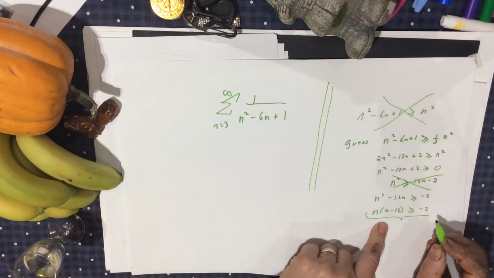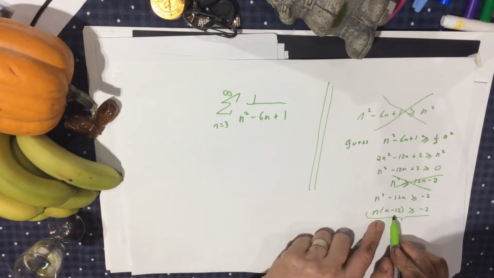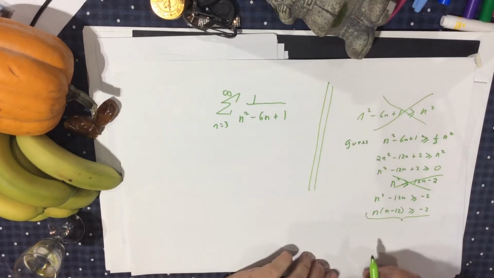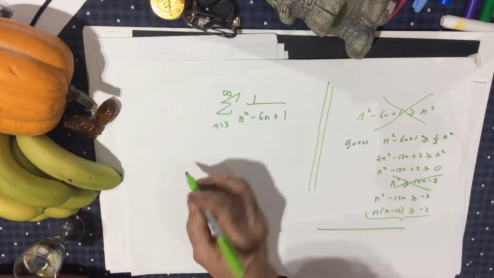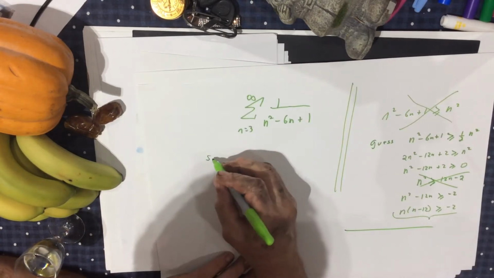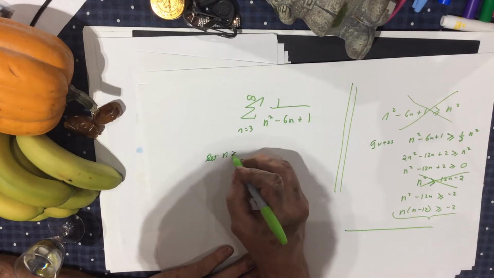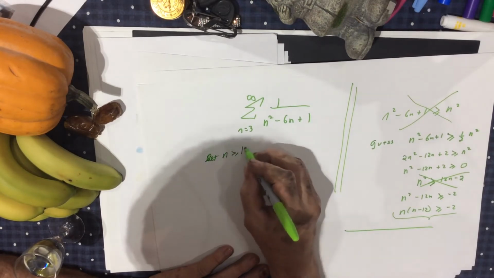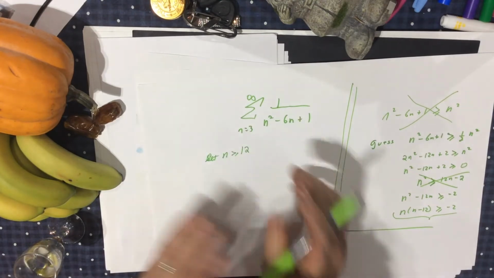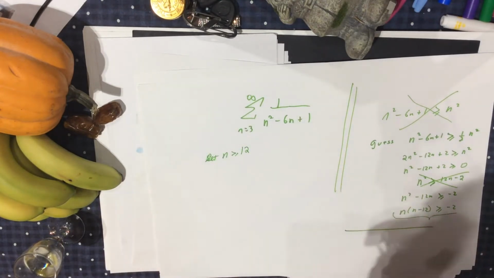Do you believe that? Well, I believe it because of the following fact. I look at this and I say, clearly, n times n minus 12 is positive. So I'm going to go backwards in the following way. Ready? Let n be greater than or equal to 12. I know this starts at 3, but we only need to prove it beyond a certain point.